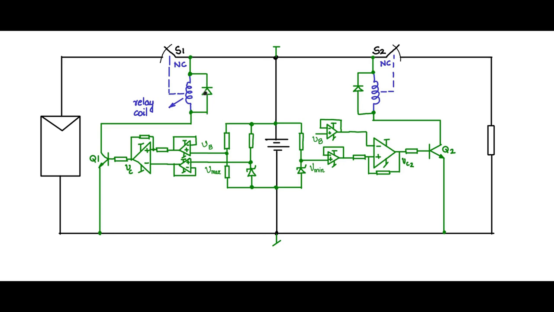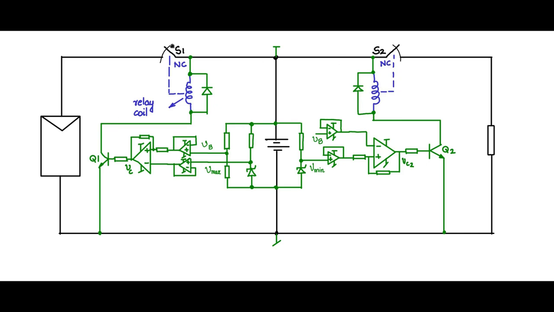Therefore this is a pretty efficient circuit, and the relays will come into the picture only under the extreme operating conditions, when VB is going greater than Vmax and when VB is going less than Vmin. Only then does the operation of these switches come into the picture. Otherwise they are not in the picture.